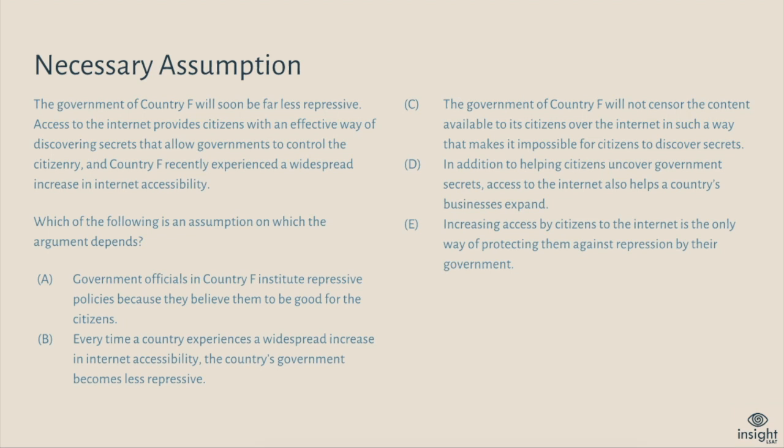This question type will ask you to look to the answer choices and find assumptions that must be made by the argument. It's an assumption that's absolutely necessary for the argument to be true. Not sufficient. Remember, we'll deal with sufficient assumptions in a moment. This is just an assumption that has to be true for the argument to go all the way through.